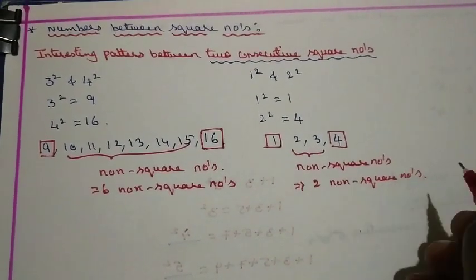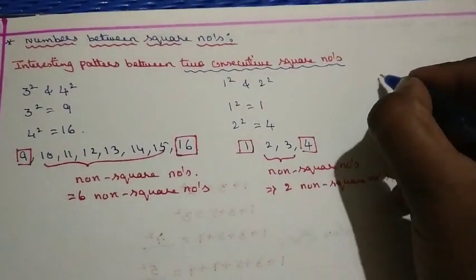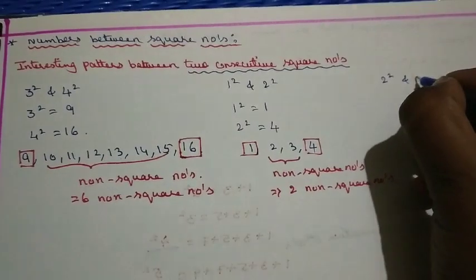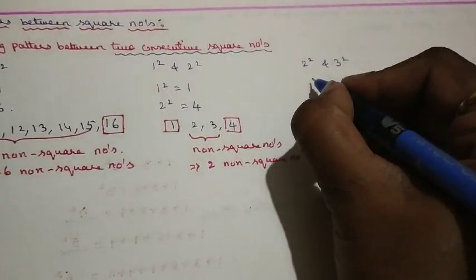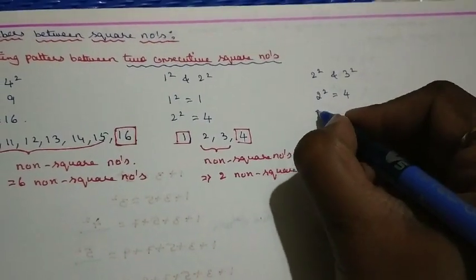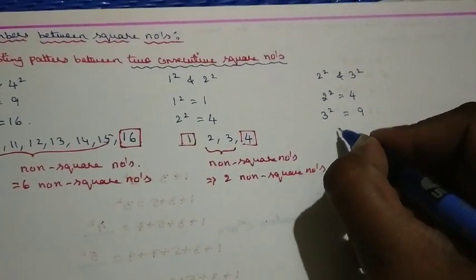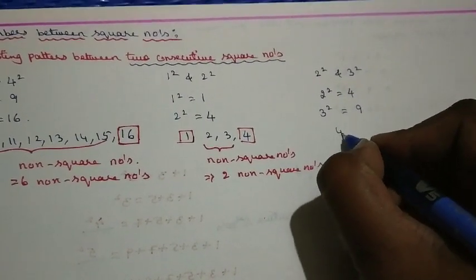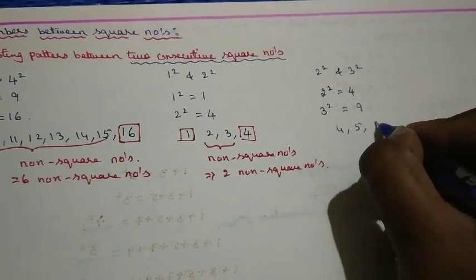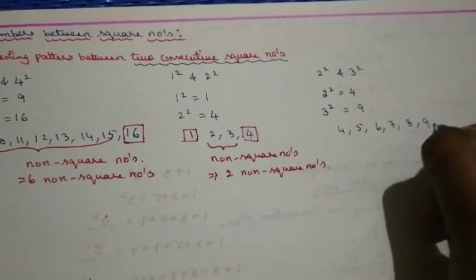Similarly, if I go with 2 square and 3 square, we know that 2 square is 2 twos are 4, and 3 square is 3 threes are 9. So between 4 and 9: 4, 5, 6, 7, 8, 9.